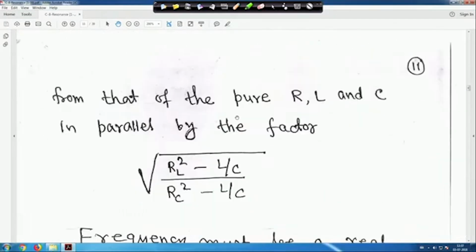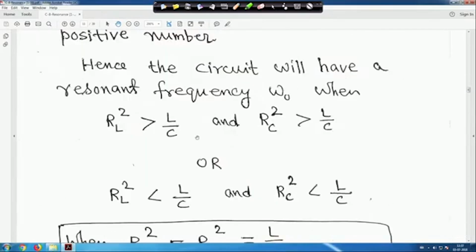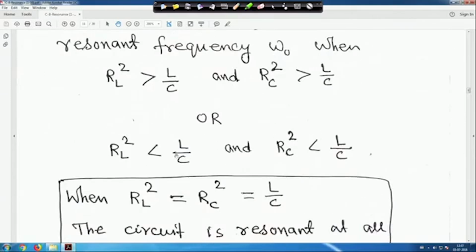Now for the resonant condition, RL square minus L by C greater than 0 and RC square minus L by C greater than 0, both have to be positive, that means RL square greater than L by C and RC square greater than L by C. Or RL square minus L by C less than 0, that is RL square less than L by C, and similarly RC square minus L by C less than 0, that is RC square less than L by C. This way resonance will happen.